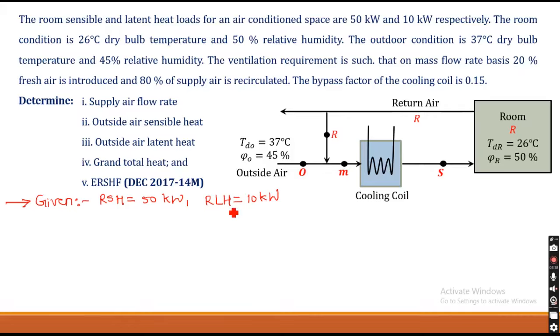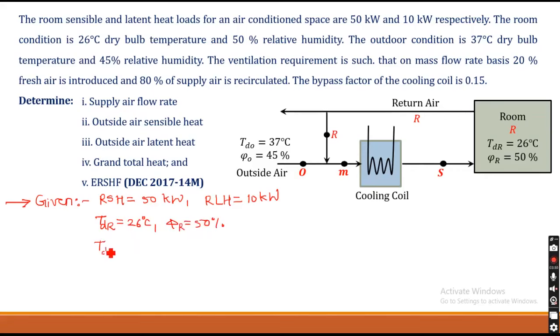Then we have room condition, that is TDR. Here we have noted the values. TDR is given to us as 26 degrees Celsius, and the relative humidity of the room that we have to maintain is 50%. Then the outside condition is also given to us.